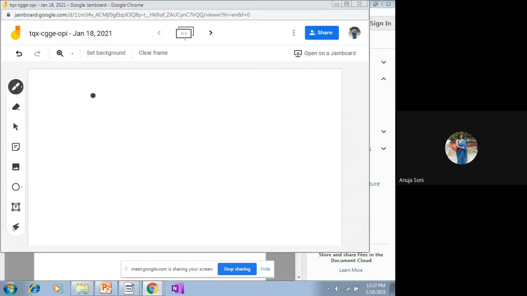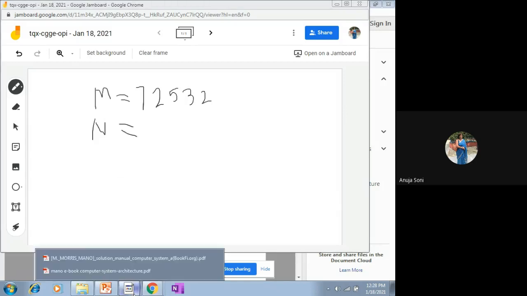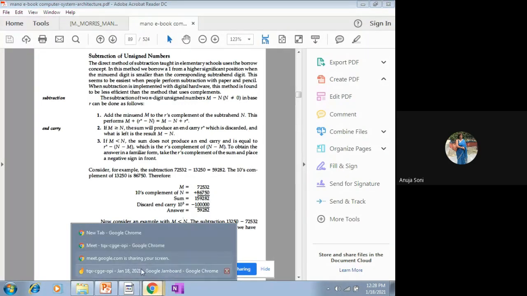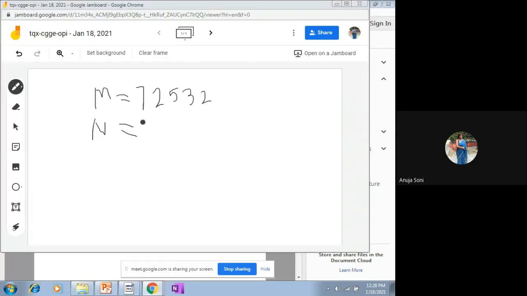The value of m is 72532, and the value of n is given as 13250.